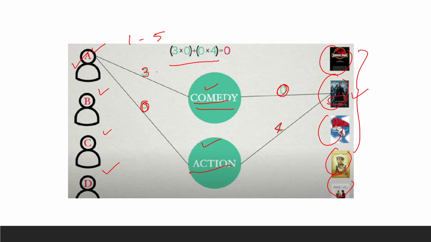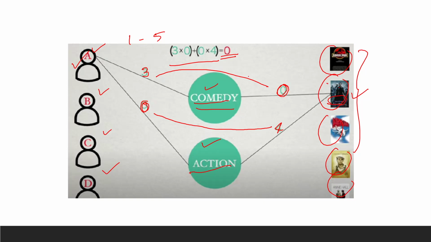So we'll multiply: this 3 into 0 is showing this relationship, and this 0 into 4 is showing this relationship. Both of those will be multiplied, and that will give 0, which shows that there is absolutely no chance that the user will like the Matrix at all.